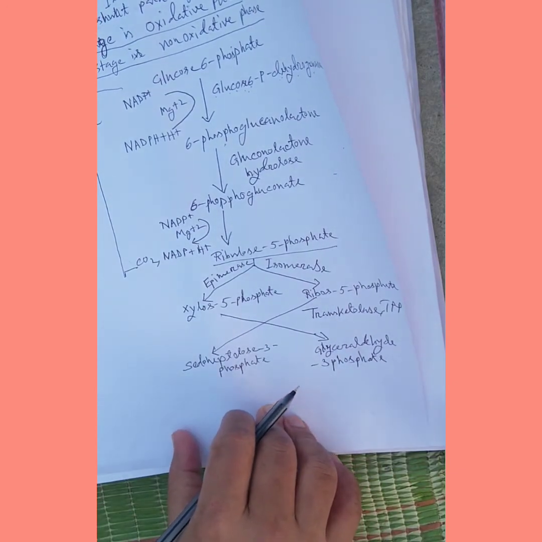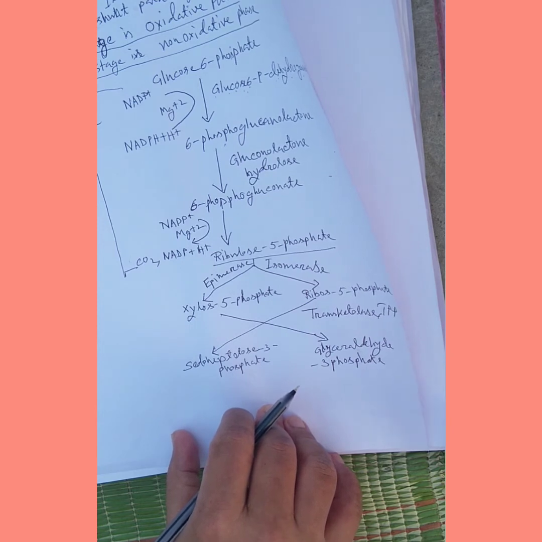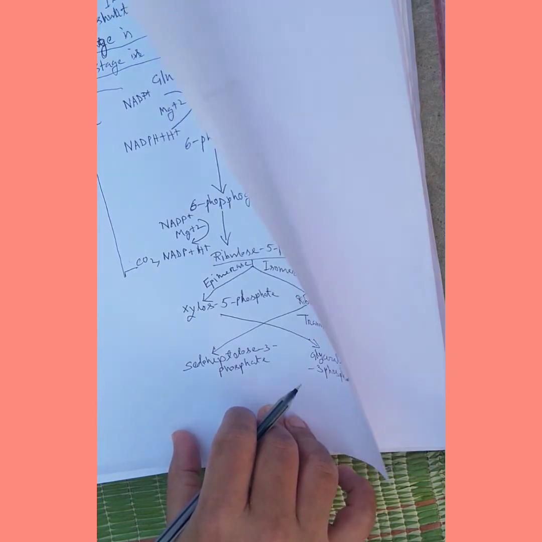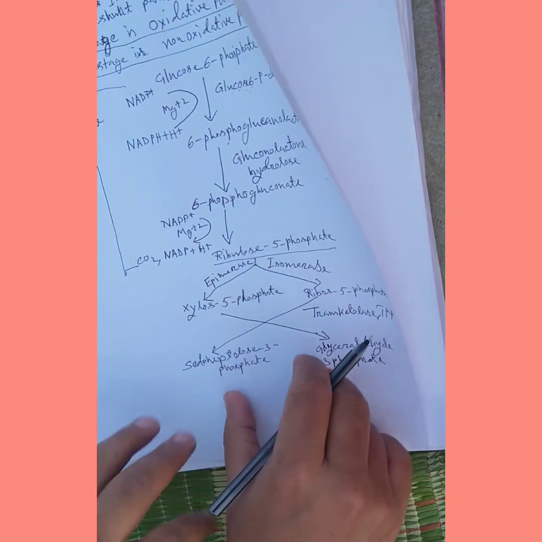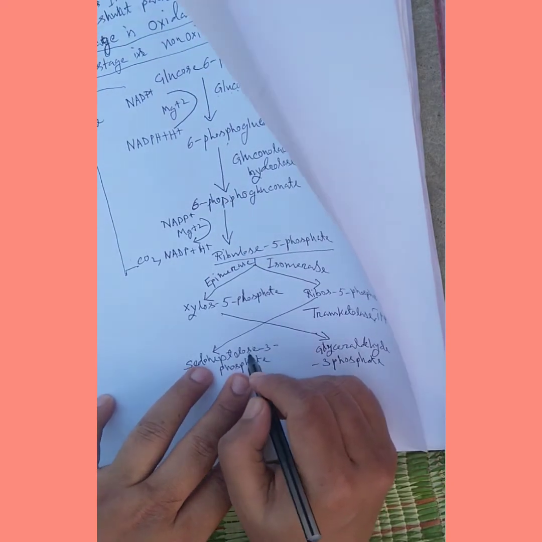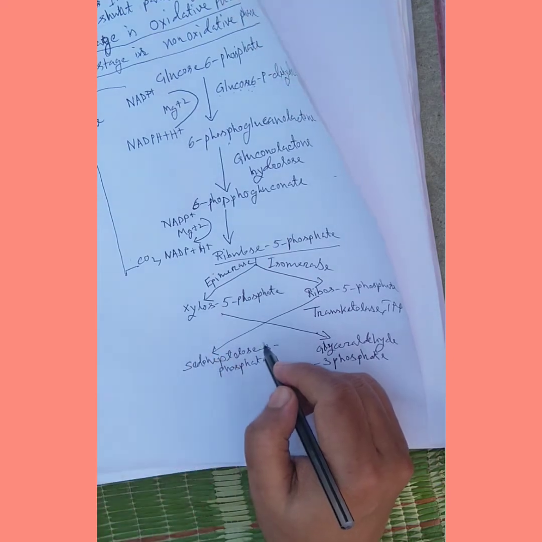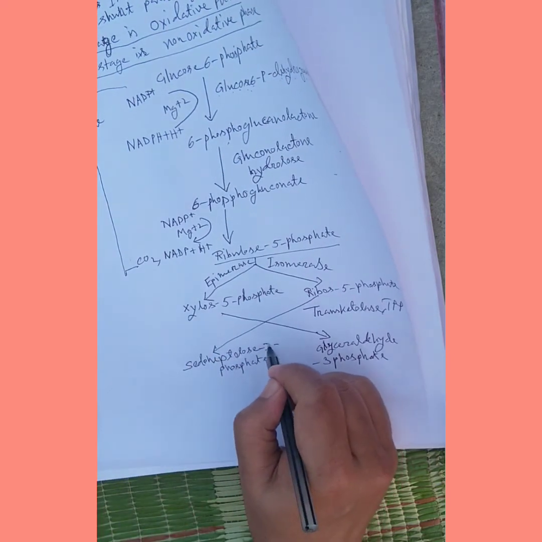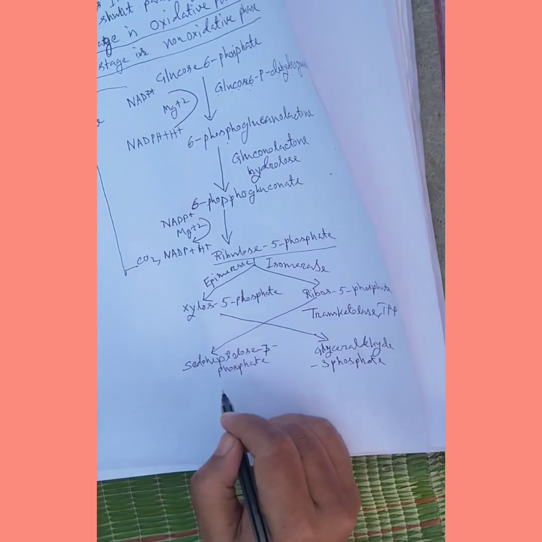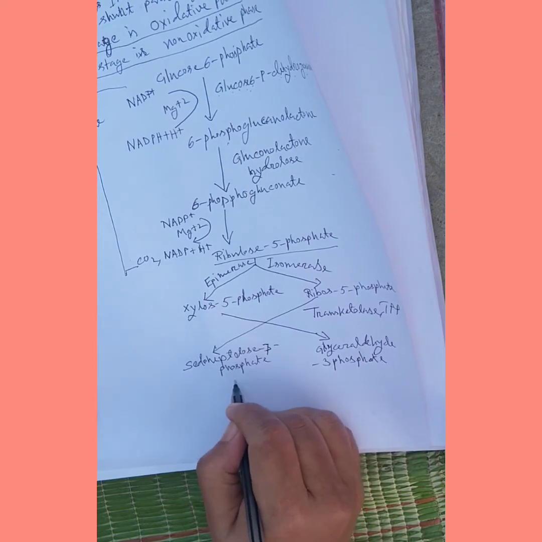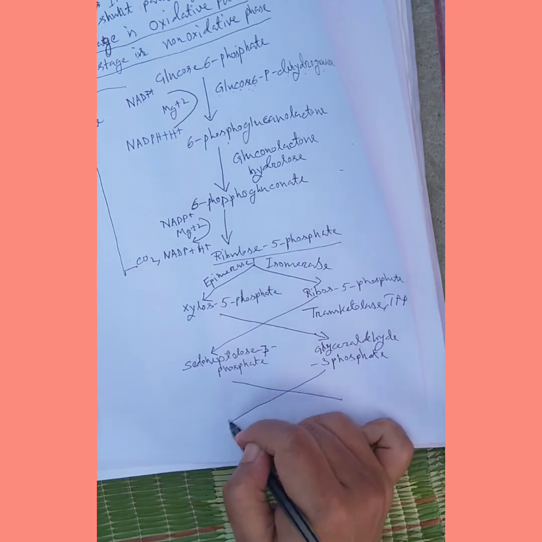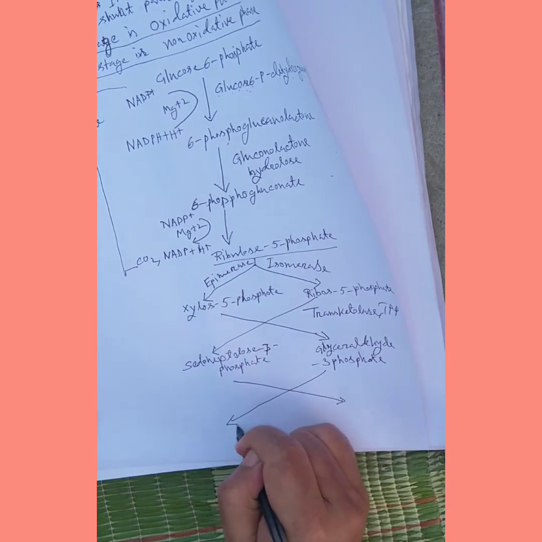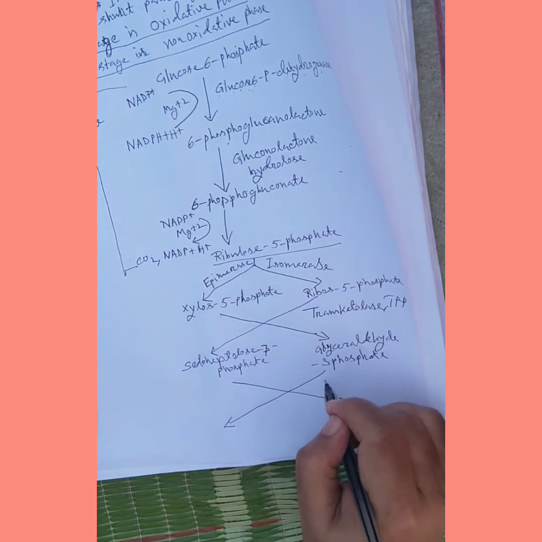And after that we get sedoheptulose 7-phosphate and glyceraldehyde 3-phosphate. We use the enzyme trans.